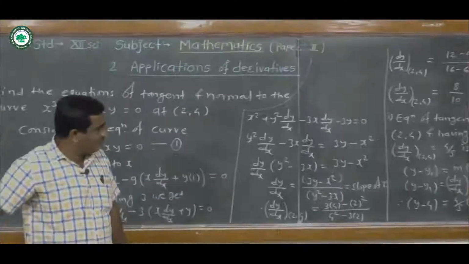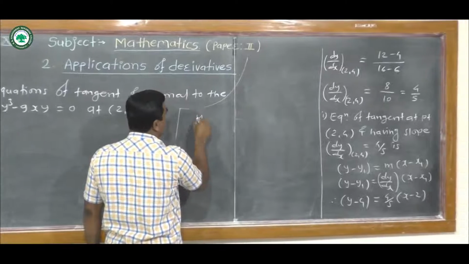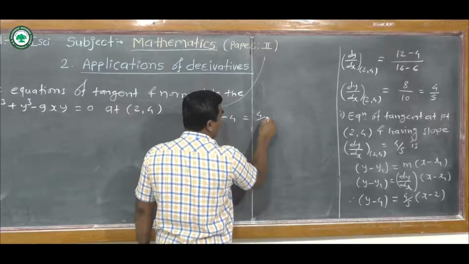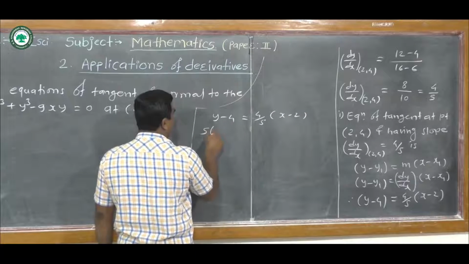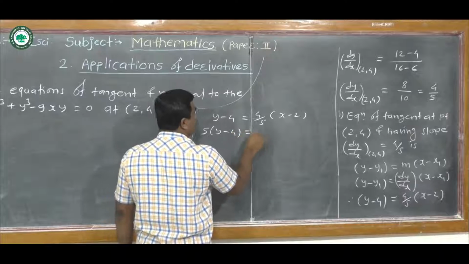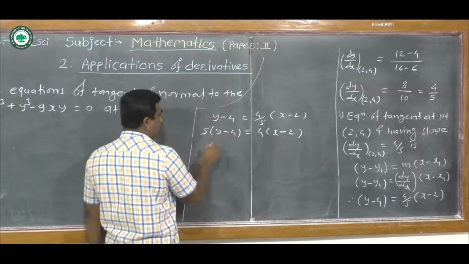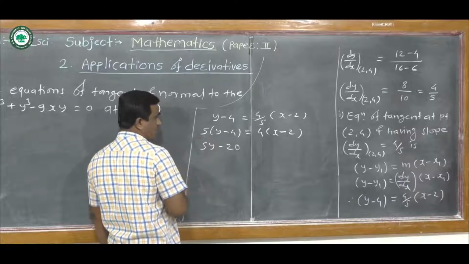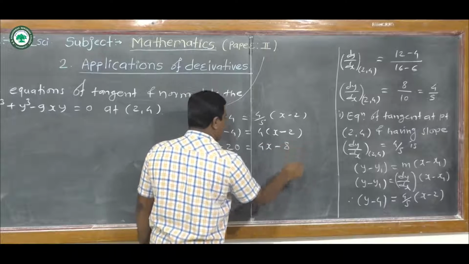We can write here by simplifying y minus 4 is equal to 4 by 5 into x minus 2. That is 5 into y minus 4 equal to 4 into x minus 2. Take product here, 5y minus 20, 5 into 4 is 20, is equal to 4 into x, 4x minus 8.